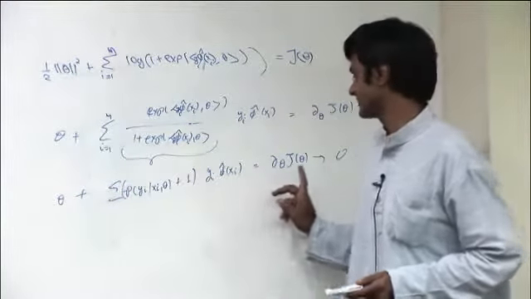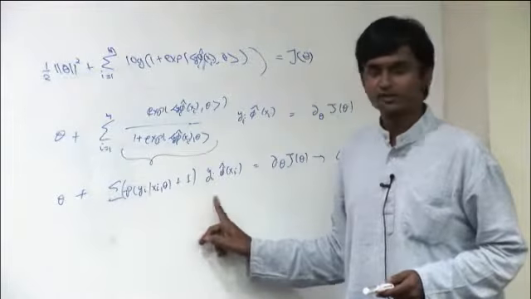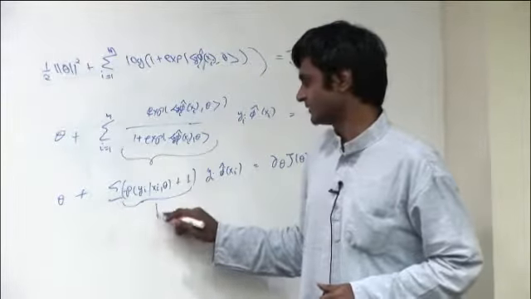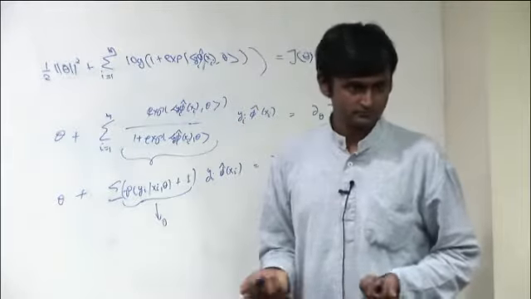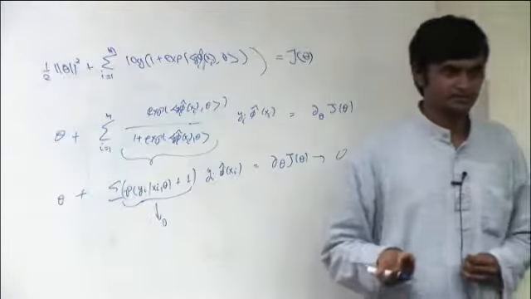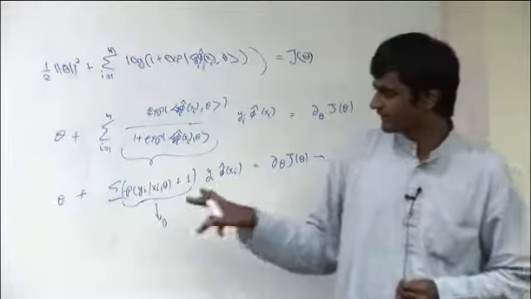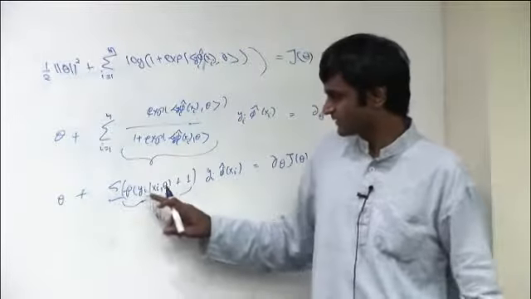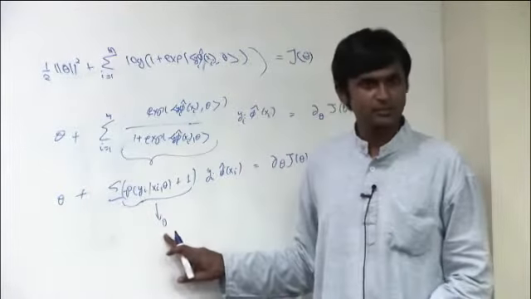The only way that this gradient can go to 0 is if this quantity, which is a multiplier, goes to 0. This is like you are summing up some vectors. The sum of the vectors will go to 0 only when these coefficients go to 0. So if this coefficient goes to 0, what does that mean?